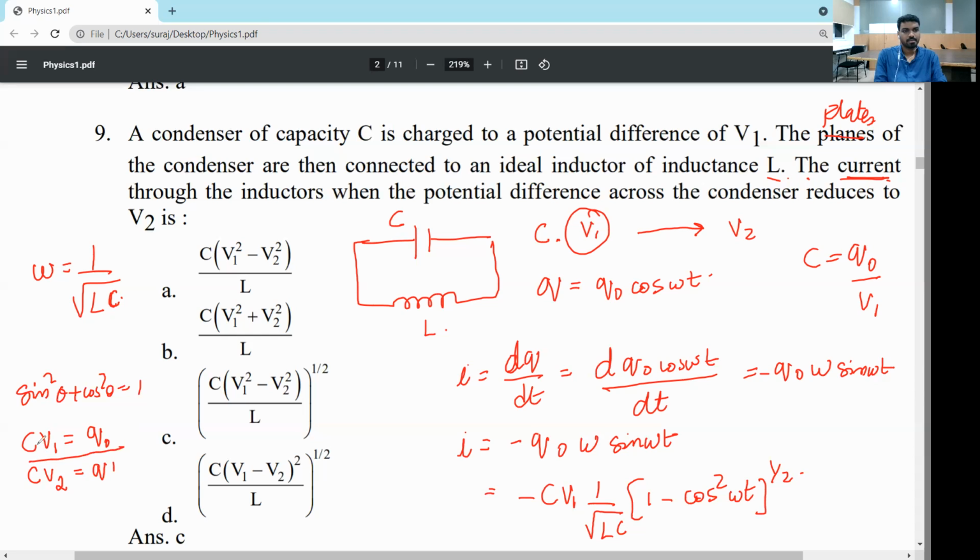If we divide, C will get cancelled, so V1 by V2 is Q naught by Q. Next, cos omega t value, how will I write? Cos omega t will be Q by Q naught.